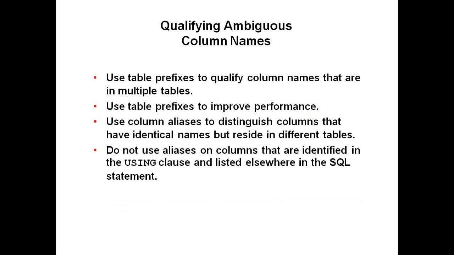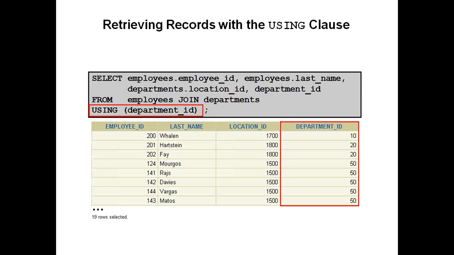Okay. Especially in joining, as you can see on this screen, because we are retrieving data from multiple tables, if you want to mention a column name, then you compulsorily need to write the table name dot column name.